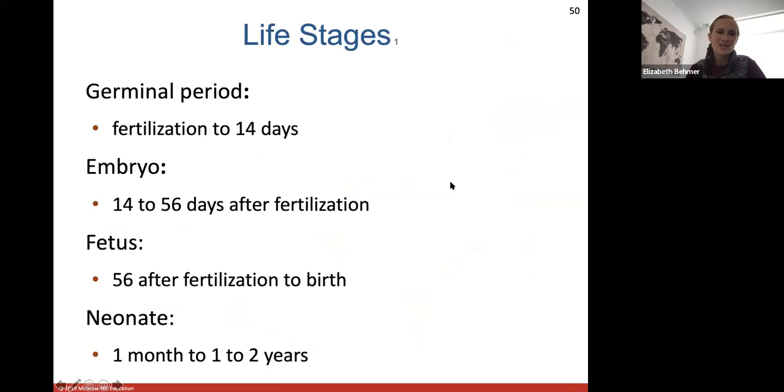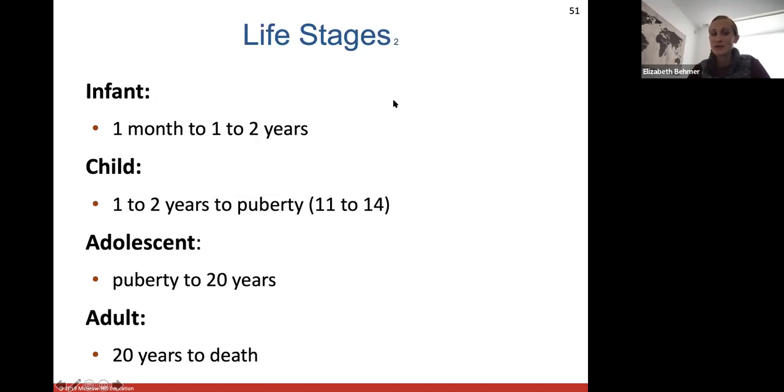So life stages, again, as we review them prenatally, and then we'll go on to postnatally: the germinal period is fertilization to 14 days. The embryo is what we call 14 to 56 days after fertilization. The fetus is 56 days after fertilization to birth. And then the neonate is the name we give for about 1 month to 1 to 2 years after birth.